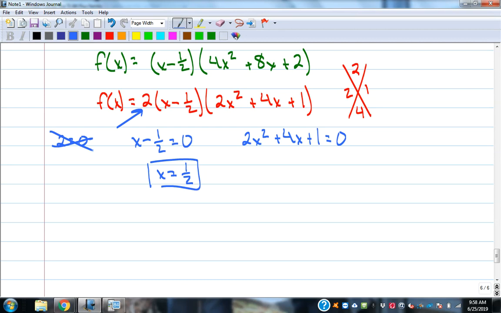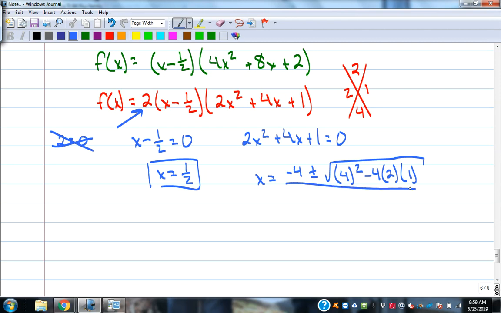Okay. Now we're going to do quadratic formula here. X equals negative b, so that'd be negative 4 plus or minus the square root of b squared minus 4 times a times c, all divided by 2 times a. All right.